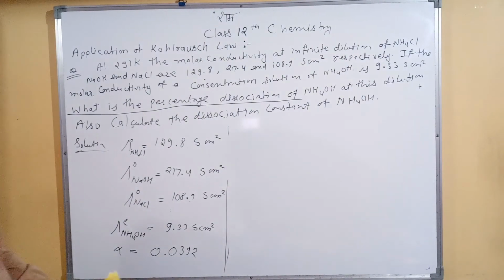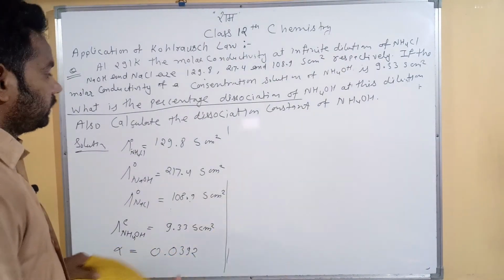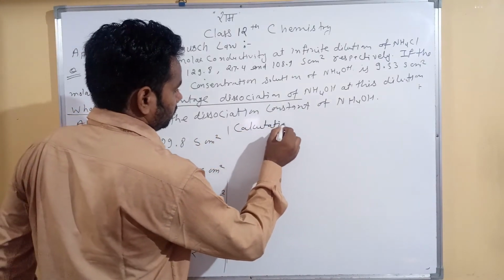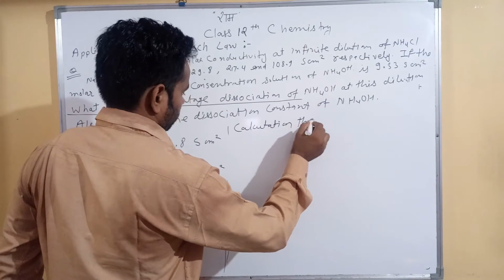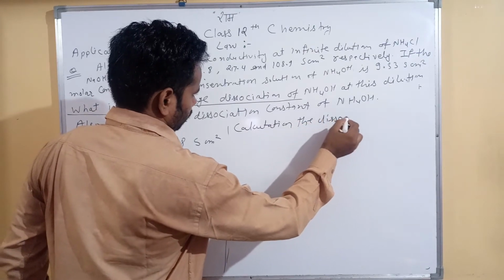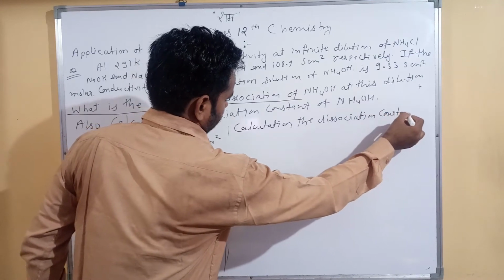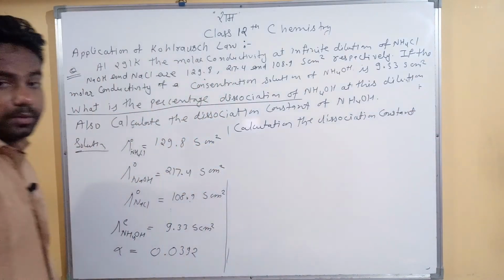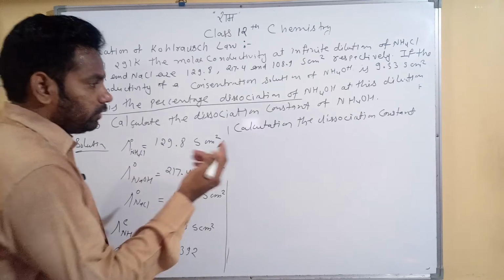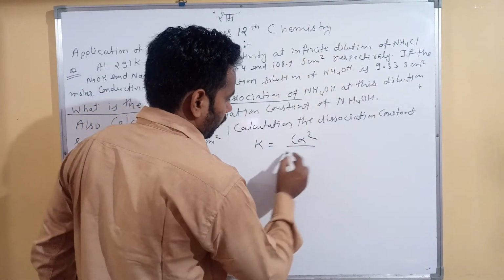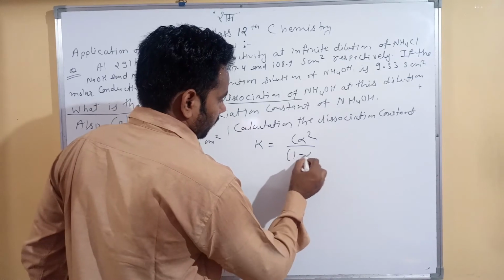Next, the calculation of the dissociation constant. I know the formula of the dissociation constant: K is equal to C alpha square upon 1 minus alpha.